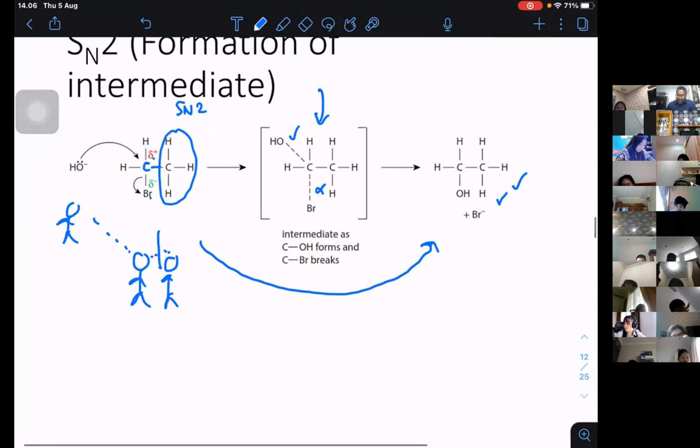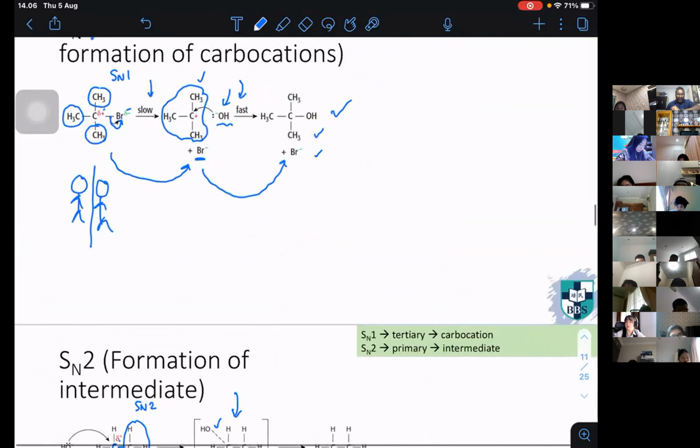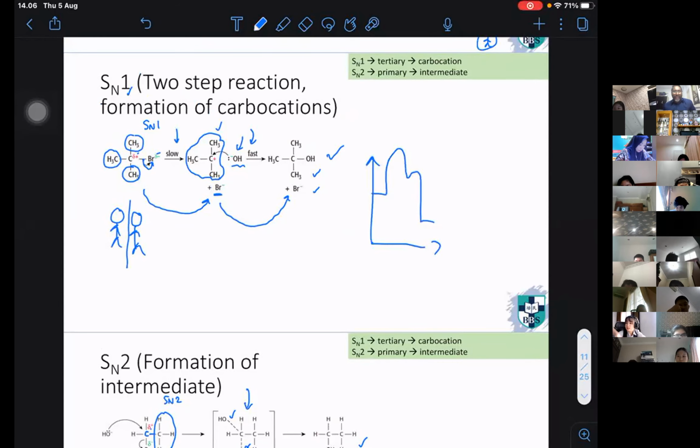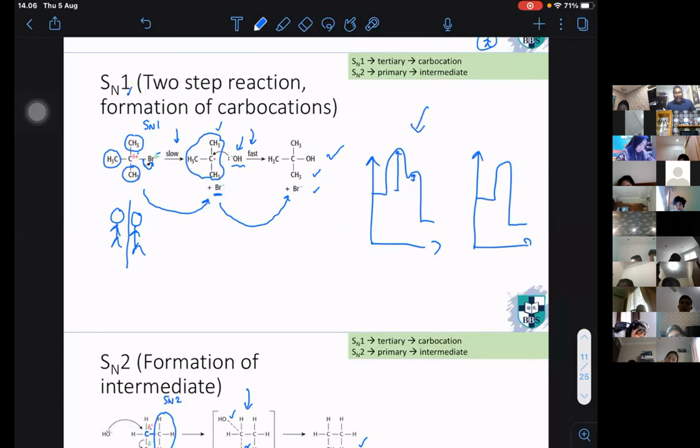Even last time when I taught my students, there was a question: when they draw the energy level like this, they say there are two types of activation energy. Whenever there are two types of activation energy, like there is a loop over there, this one belongs to SN1.